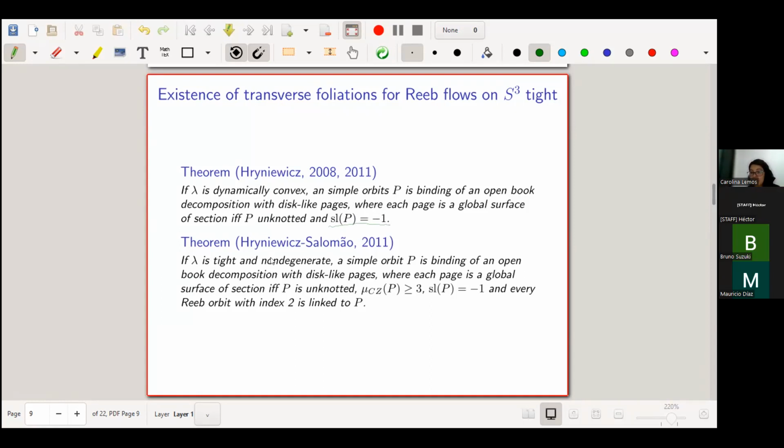In general, if you don't have dynamical convexity, they proved that the necessary and sufficient conditions for an orbit to be the boundary of a global surface of section diffeomorphic to a disk are that the Conley-Zehnder index is bigger or equal than 3, the self-linking number is -1, and all the orbits with index 2 are linked to P. The existence of an orbit with index 2 not linked to P is exactly the obstruction to the existence of these global surfaces of section of disk type.